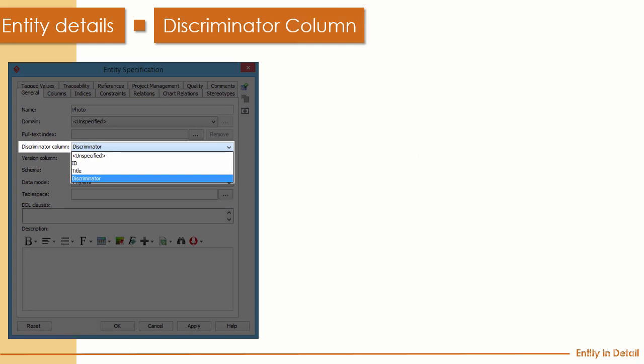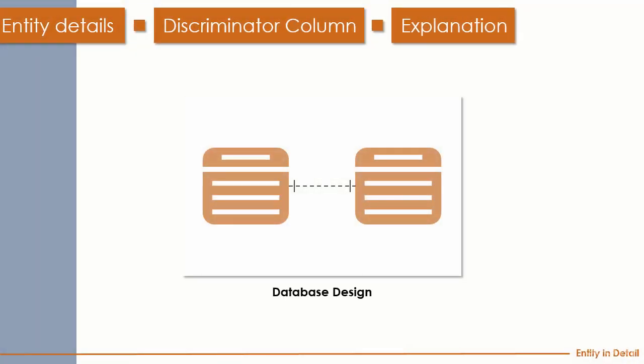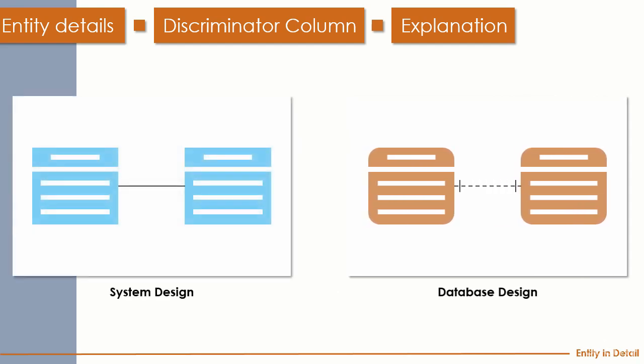Discriminator column. It is very specific to object relational mapping. When you design the database, it's used to store the data. But when you're programming, you need to load the data into memory in order to do your work. So you will have a corresponding class diagram in memory when you're doing object-oriented programming.